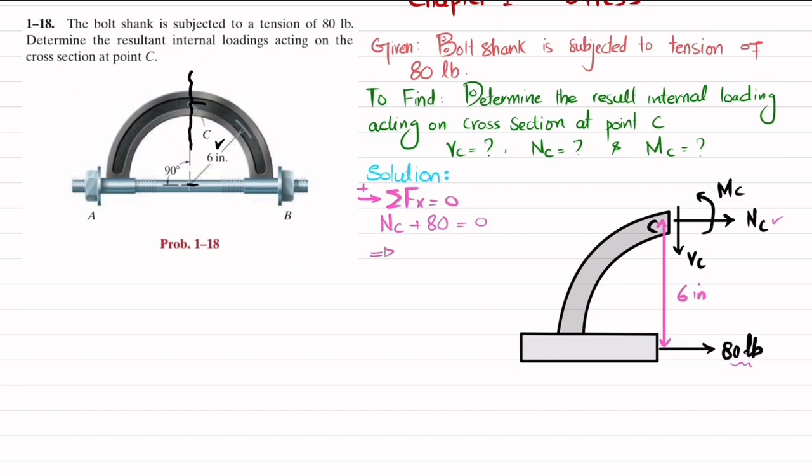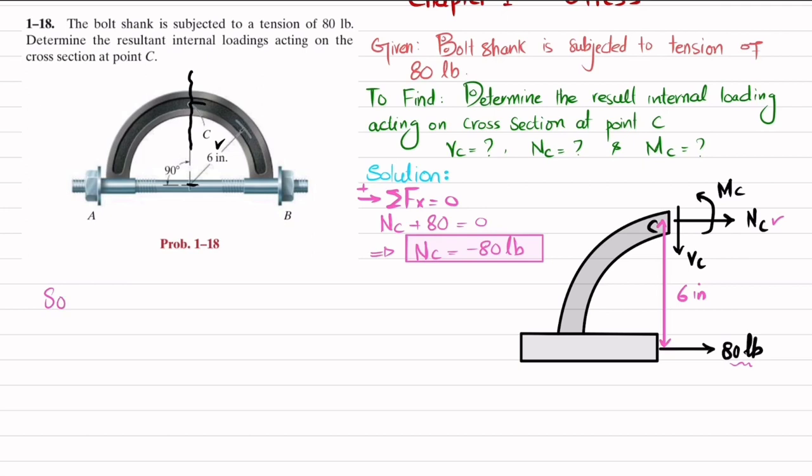So from here you will get NC is equal to minus 80 pound. So our answer is negative. It means that we have assumed this direction of NC toward the right-hand side, which is negative.